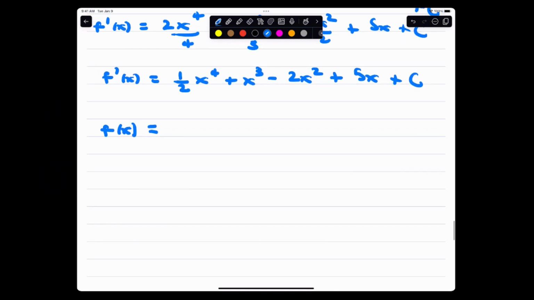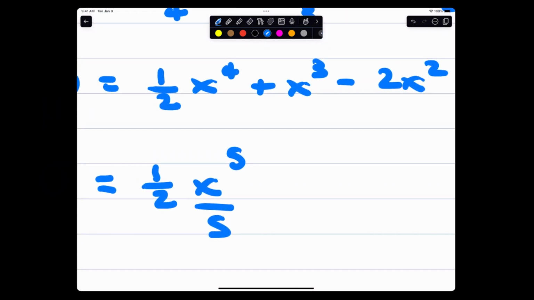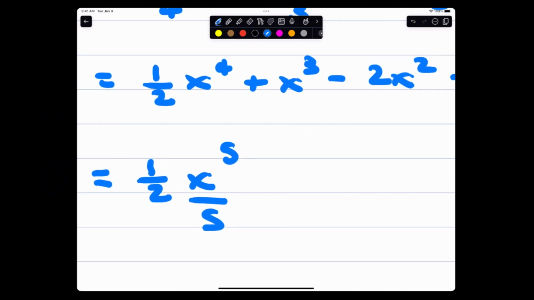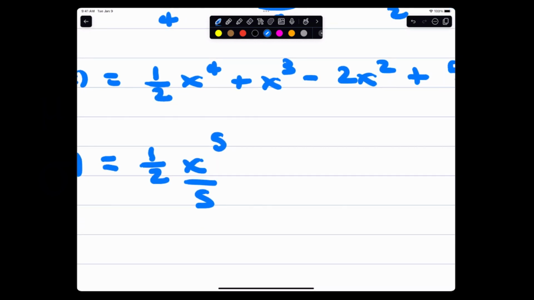Now, how good are you guys at doing the antiderivatives? How good are you guys at the power rule? You know what happens? Here's what I mean. If you take x to the fourth, you add 1, isn't that 5? So I can put 5 over 5. What do you guys think?